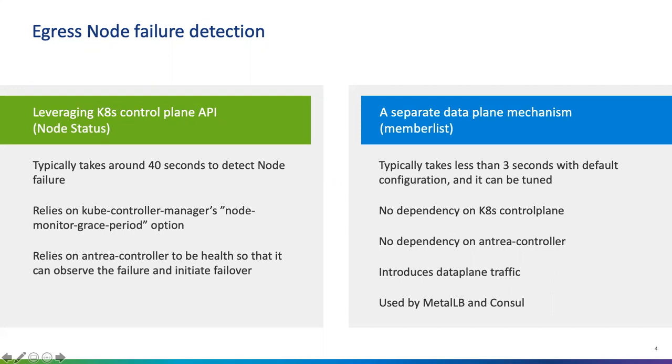But I think eventually it could reach consistency. I haven't tested that, but this library is already used in MetalLB and Consul, so I think it is relatively reliable to be the solution. Sounds good.